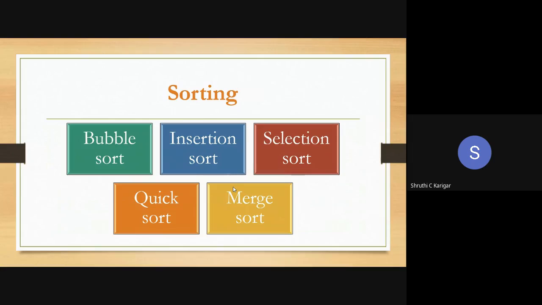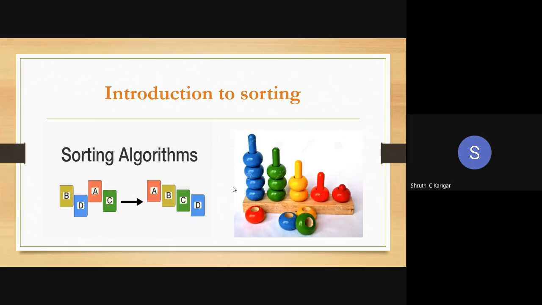Okay. Under sorting, these are the different types we have: bubble sort, insertion sort, selection sort, quick sort, and merge sort. Before that, we have to know exactly what we mean by sorting. Just observe here, these are diagrams where we have alphabets, and I need to arrange these alphabets in ascending order or in descending order.